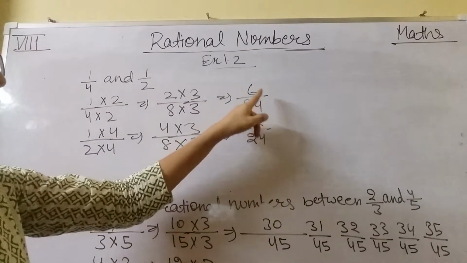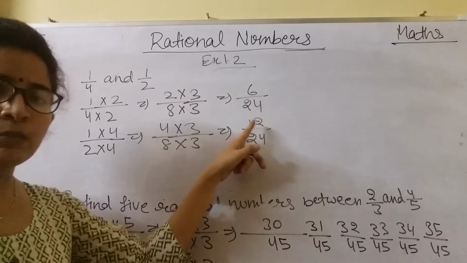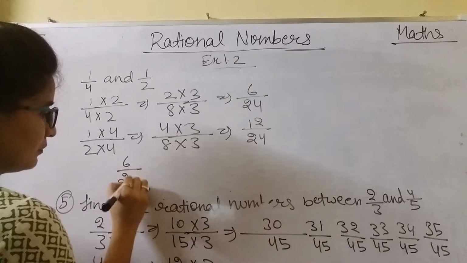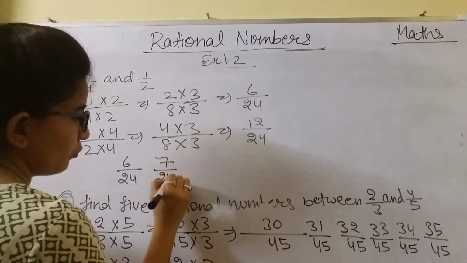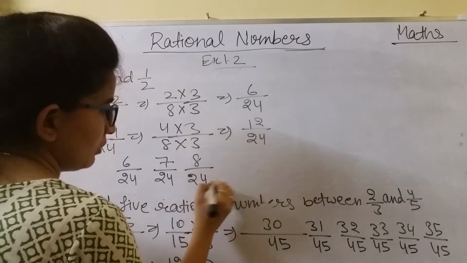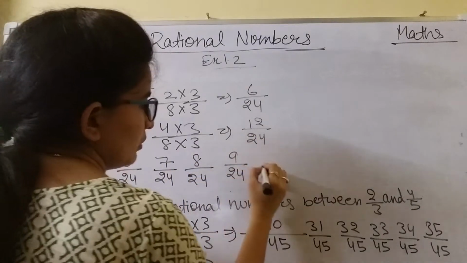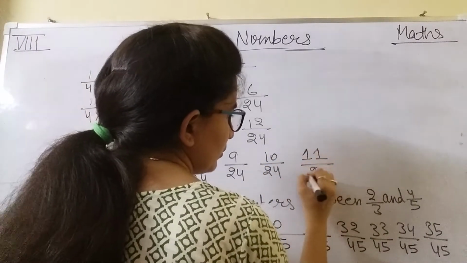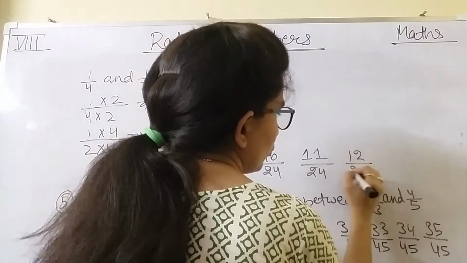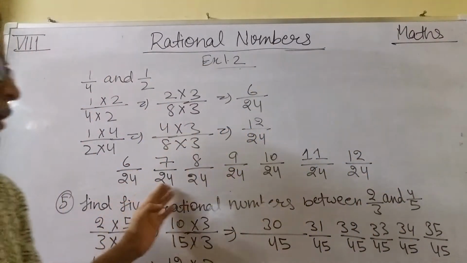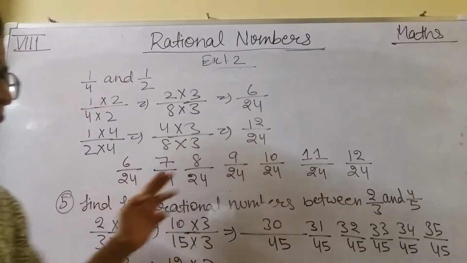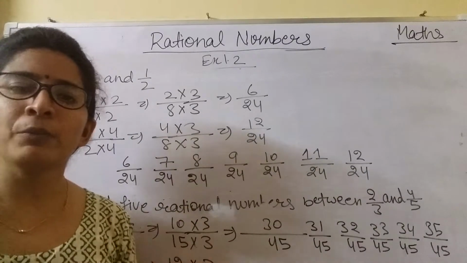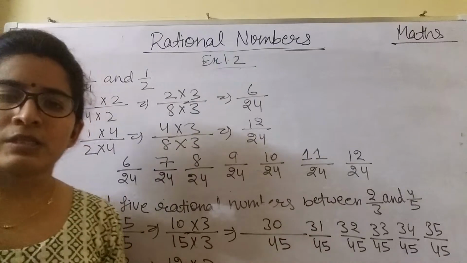Now we can see that between 6 upon 24 and 12 upon 24, we have rational numbers, that are 7 upon 24, 8 upon 24, 9 upon 24, 10 upon 24, 11 upon 24 and 12 upon 24. So we get 5 rational numbers between 6 upon 24 and 12 upon 24. So by increasing the denominator, we can find more and more rational numbers between the two numbers.